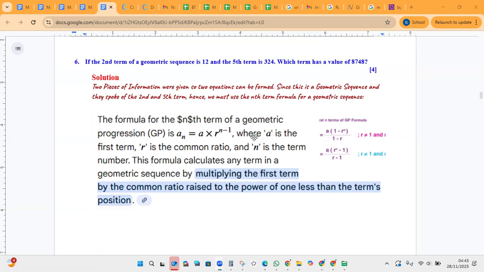The a by itself is the first term, r is the common ratio, and n is the term number. This formula calculates any term in a geometric sequence by multiplying the first term by the common ratio raised to the exponent of 1 less than the term's position.